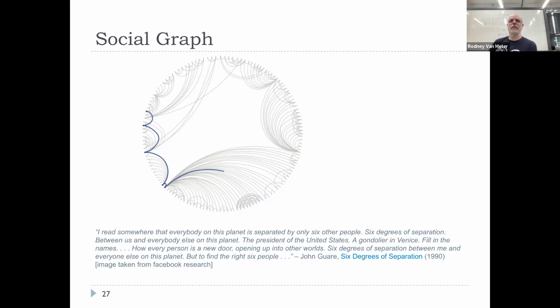The idea is that you could have the graph of connections that connects everybody on the planet, and that the shortest connection between any two people on the planet is always 6 or fewer people.